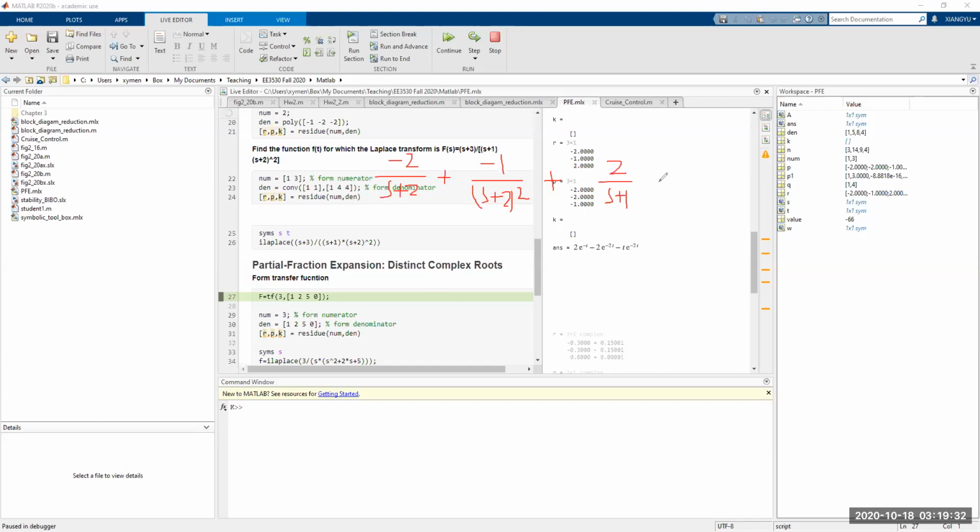If we apply the inverse Laplace transform, we have this term here, 2 exponential minus t. For the second term, -2 exponential minus 2t. The last term is -1, so it's exponential minus 2t, but times t.